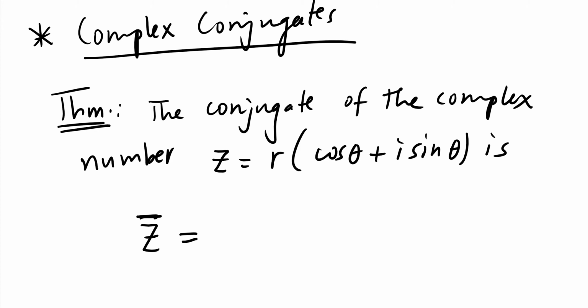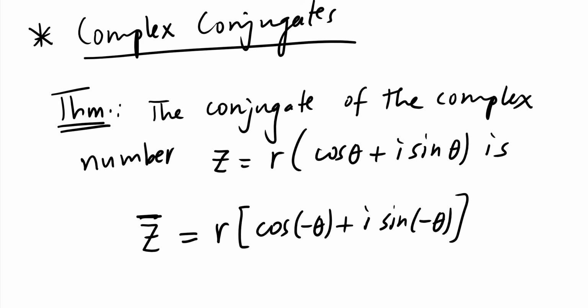That means conjugate. r stays the same, but what happens to the theta? It becomes negative: i sine negative theta. That's called the complex conjugate of a trigonometric complex number.